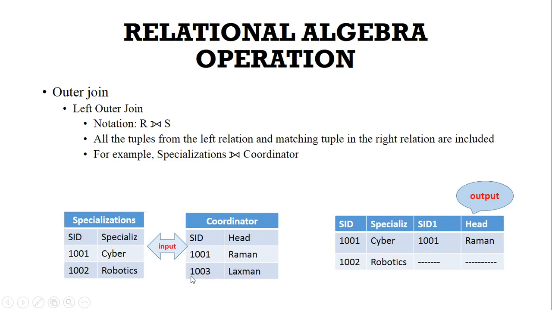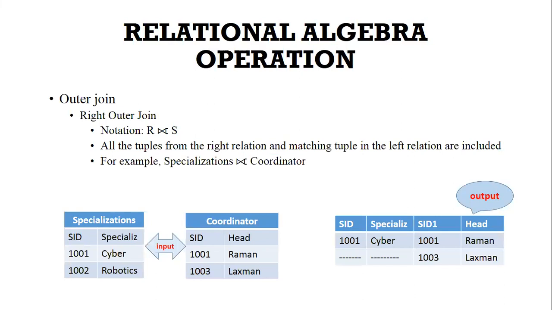In spite of that, it contains 1003. So we cannot include 1003 here because the only thing equal is 1001. So we are using 1001 as the SID from the right hand side table, and the head will be mentioned as Raman. Lakshman will not be included because he has the SID of 1003. This is what left outer join is.